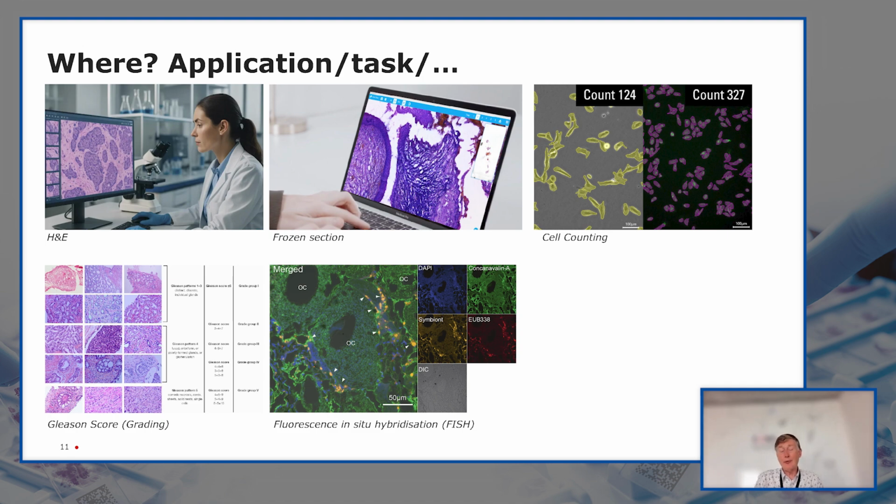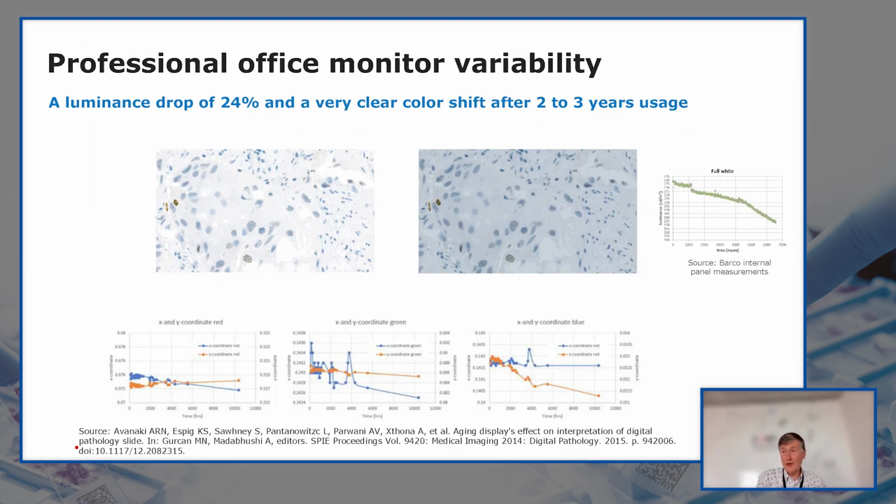Now, if we look to an office monitor, and you measure the behavior of an office monitor, it looks nice and bright from the beginning. There is a study that I want to share afterwards, where you can see that the luminance drops after 2 to 3 years with about 25%, because it does not have any sensor technology to stabilize. That's only luminance.